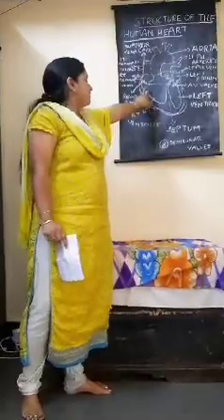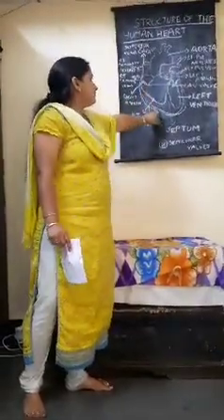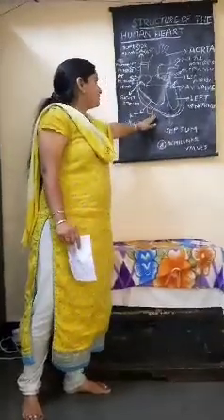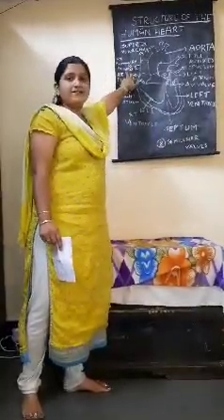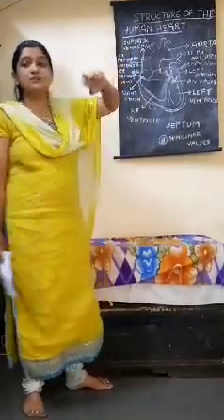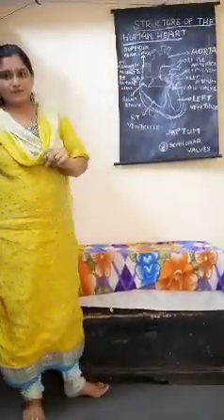Then from the right atrium it goes to the right ventricle, and from the right ventricle it goes to the pulmonary arteries, and from the pulmonary arteries it is carried to the lungs for purification.